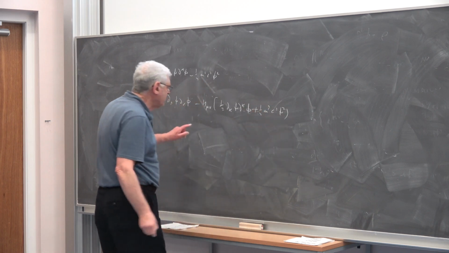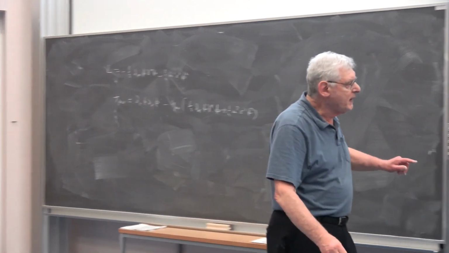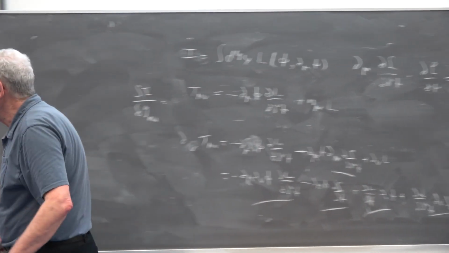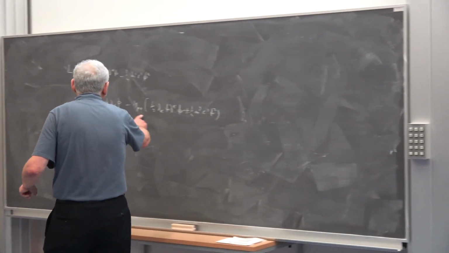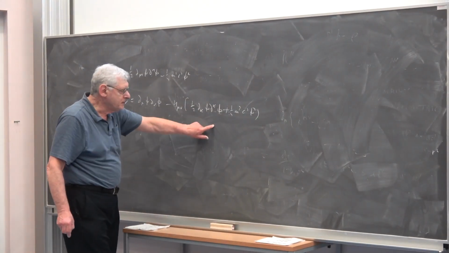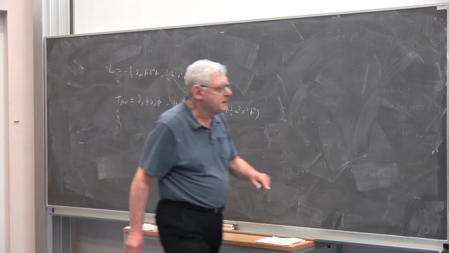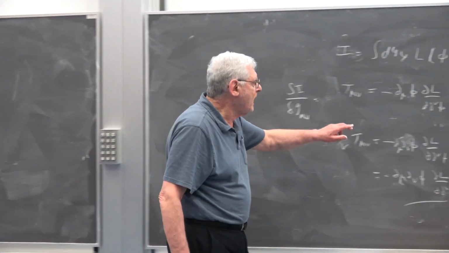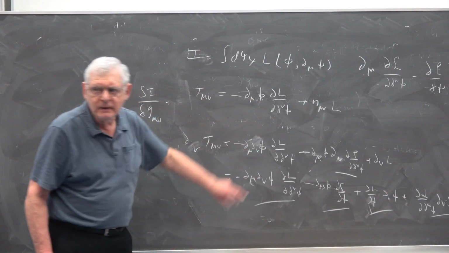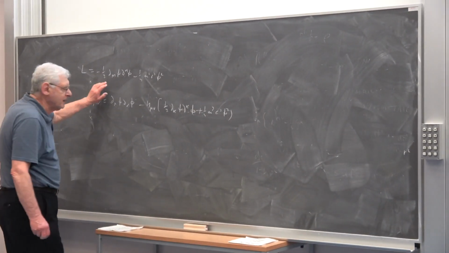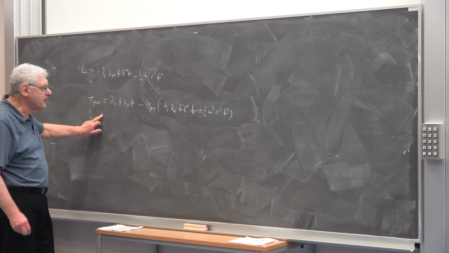So let me see, where did this come from? We've got over here two pieces: ημν times the Lagrangian, what we had a moment ago, and the other term is ∂μφ ∂L/∂(∂νφ), but ∂L/∂(∂νφ) is just ∂νφ. So this is the energy momentum tensor.